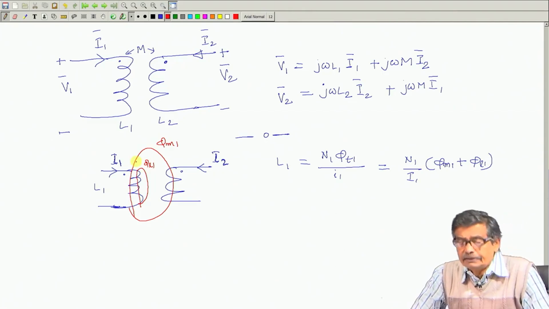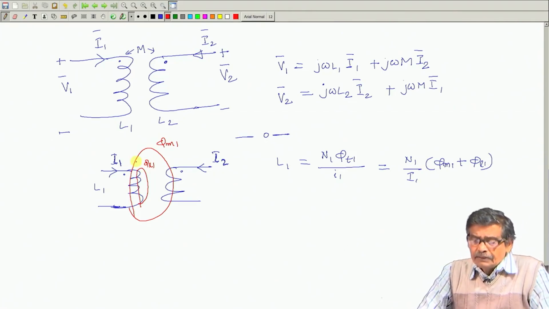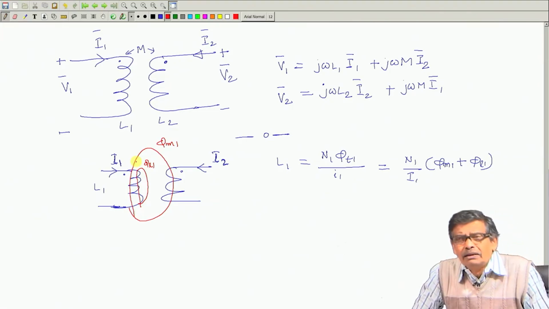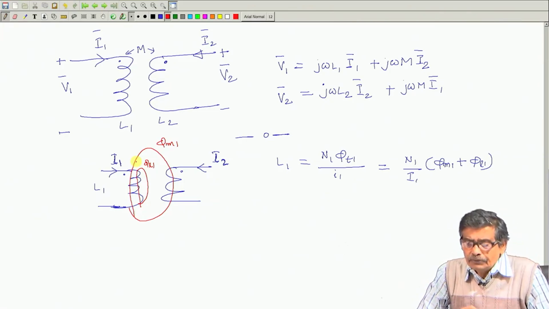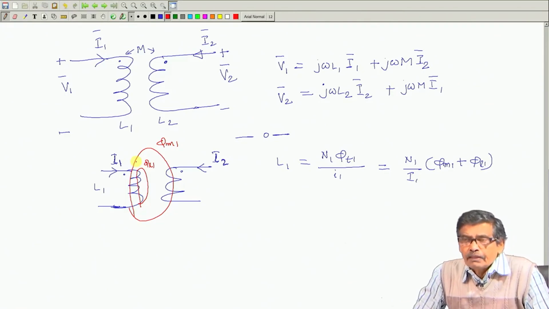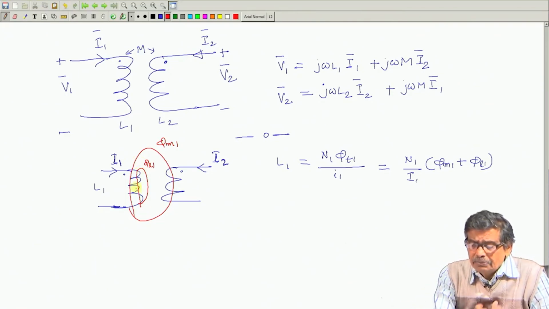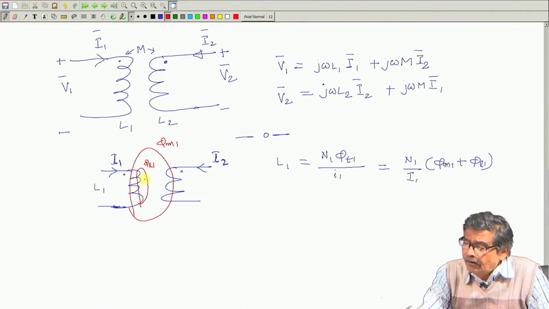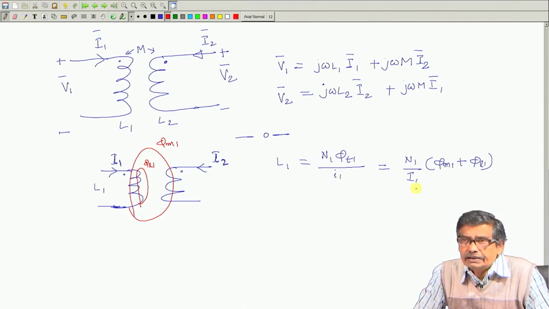So that is how I have done it. Now, if the coupling of the coil is very tight, there is no leakage flux, then phi L1 will be 0. In fact, phi L1 will become only a percentage of the total flux created.